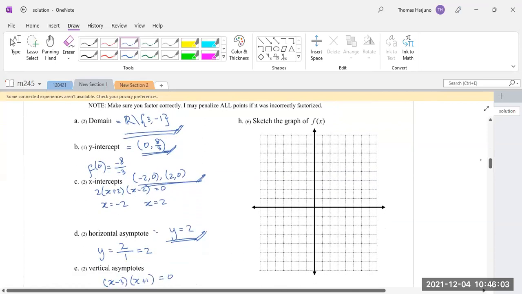And then part H, sketch the graph. Let me start with horizontal asymptote y equals 2, and vertical asymptote x equals 3 and x equals -1.